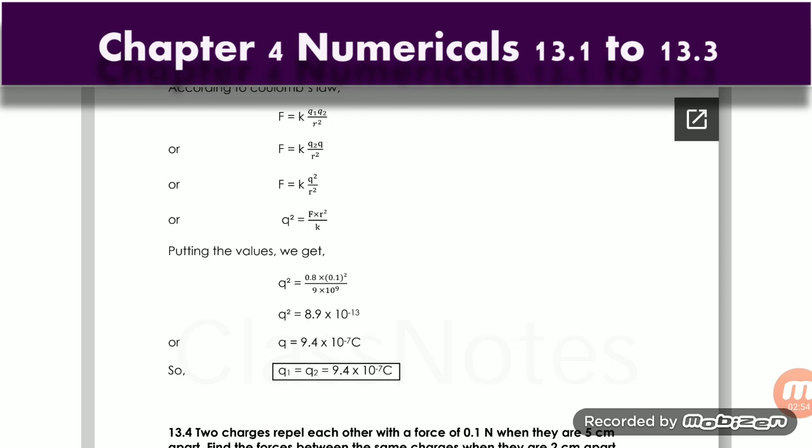Now we put the values. Q square is equal to 0.8 multiplied by 0.1 square, divided by the value of Coulomb's constant, 9 multiplied by 10 raised to power 9. With the help of the calculator, we get Q square equal to 8.9 multiplied by 10 raised to power minus 13.